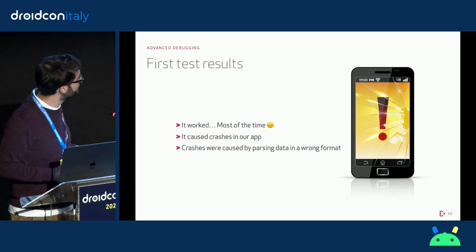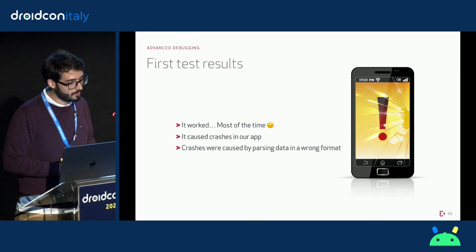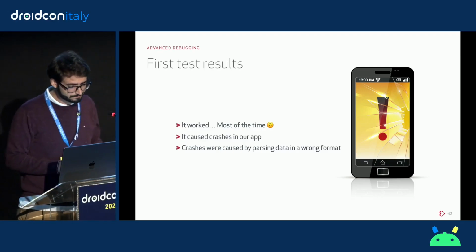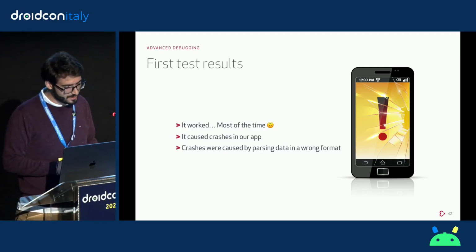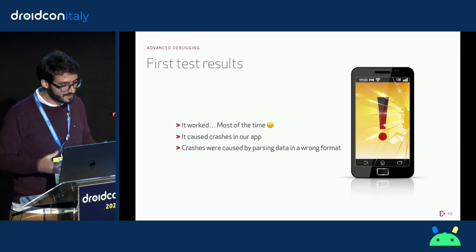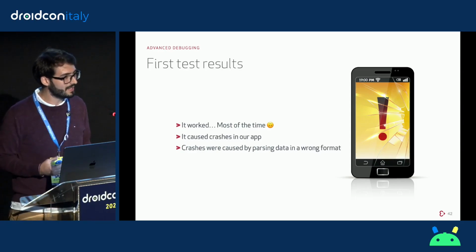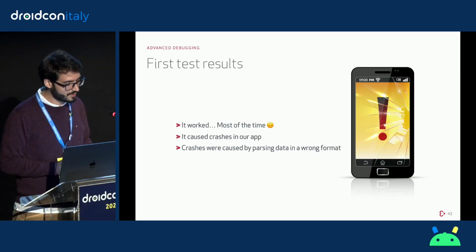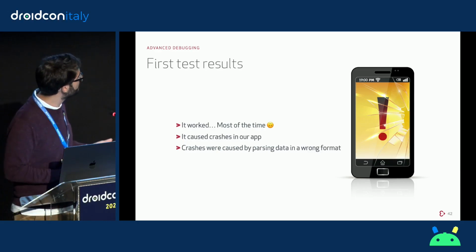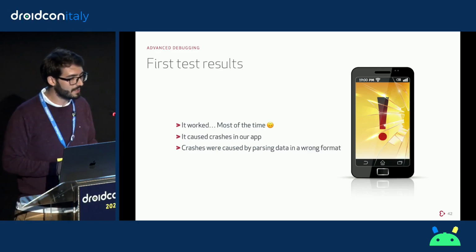When we started working on it, we started testing it with our current app, with our SDK, and it kind of worked sometimes. It happened that with this specific phone there were crashes, and it was very difficult to understand why. The crashes were happening in the data parsing.